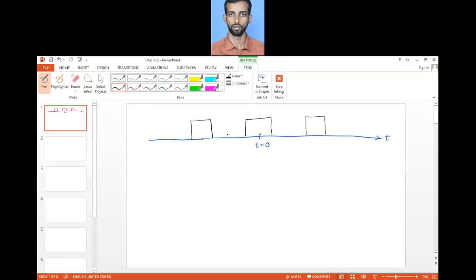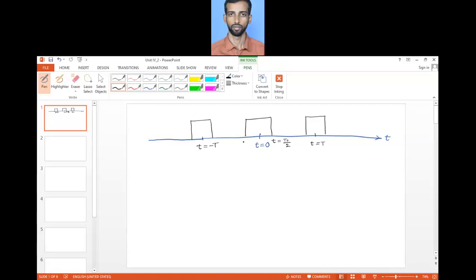say, capital T. So therefore, this value is equal to t is equal to minus T. This value stands for t is equal to plus T, and this corresponds to t is equal to, let it be T0 by 2.